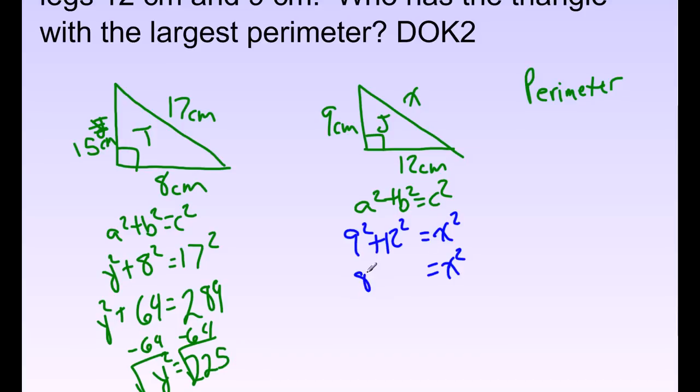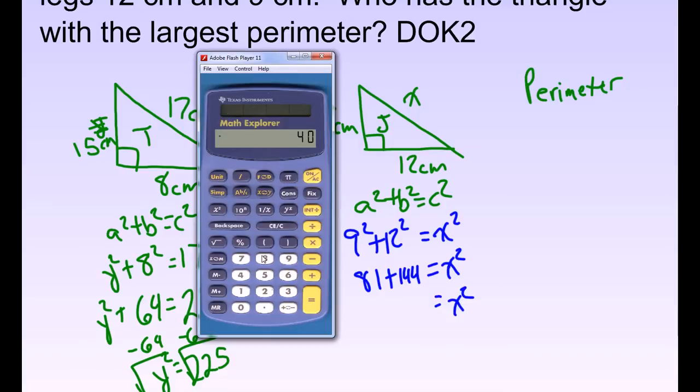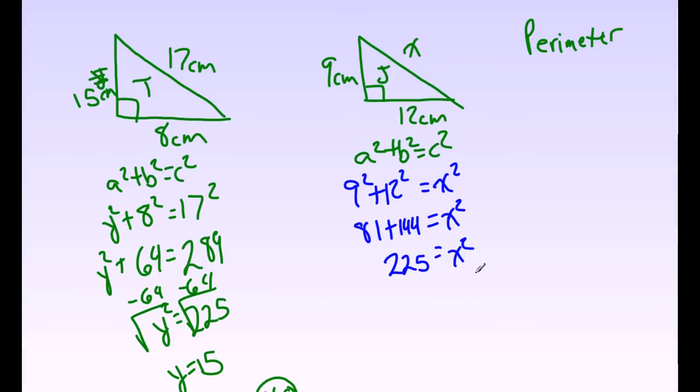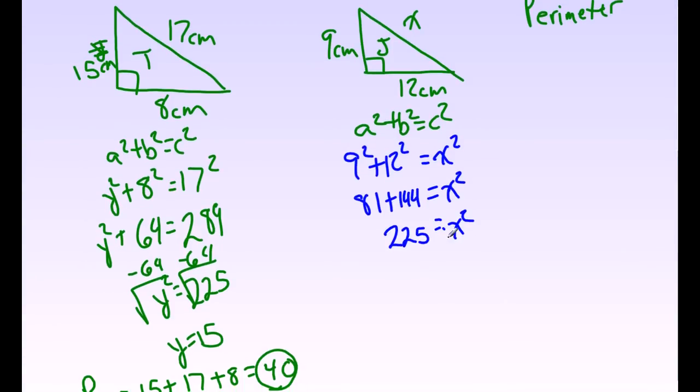Simplify. 81 plus 144. 225. That one rings a bell again. Square root each side, and I'm going to get x equal to 15. So this side here is 15 centimeters.